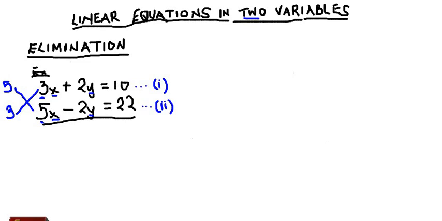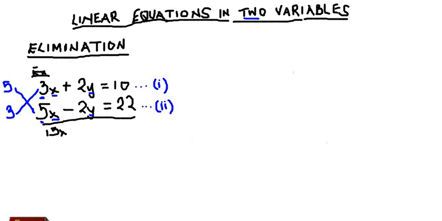So the result of this multiplication, where we have swapped the coefficients, will be a balanced coefficient of the variable x in the two equations. We can proceed and do that and see how it turns out. So we are going to multiply 5 by the whole equation 1, which means 3x will multiply 5, it will give us 15x.